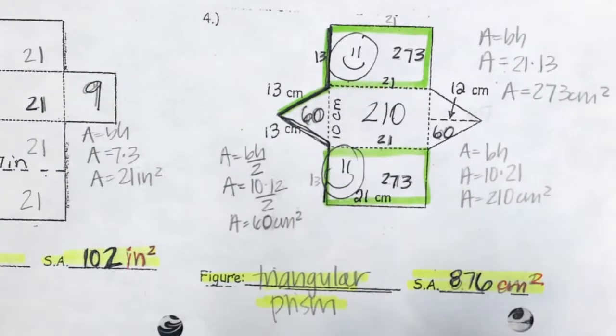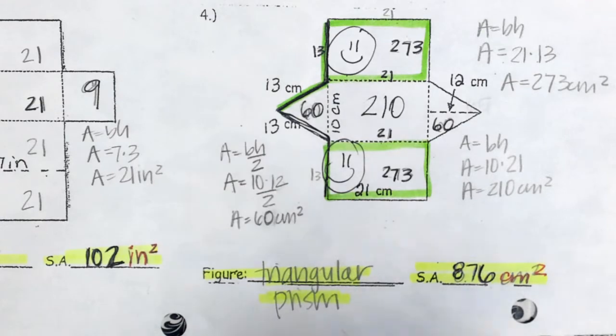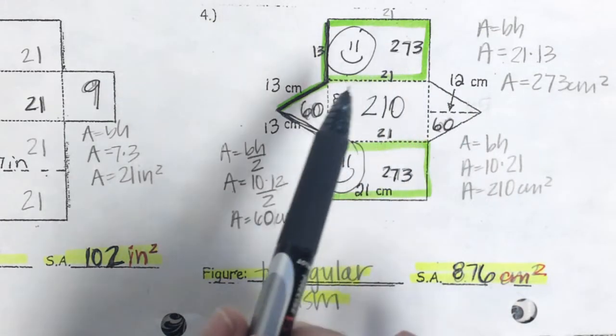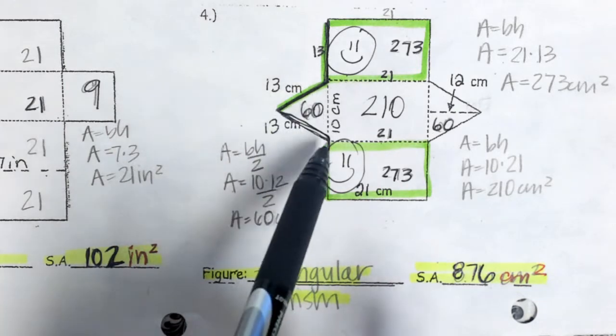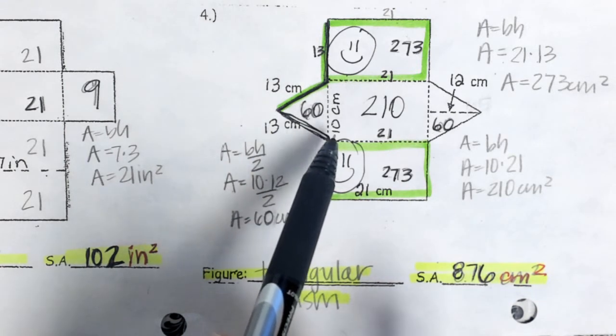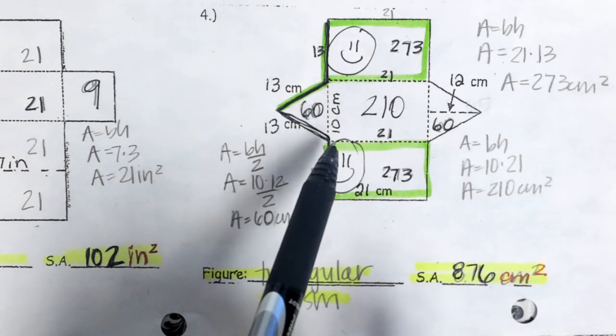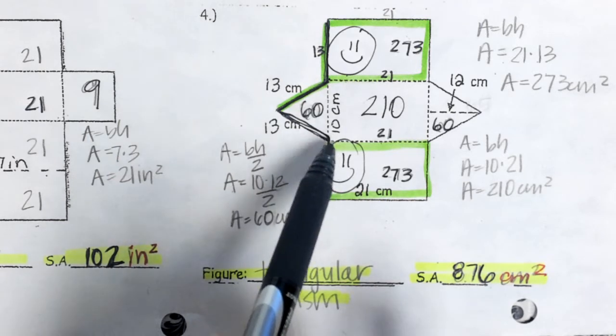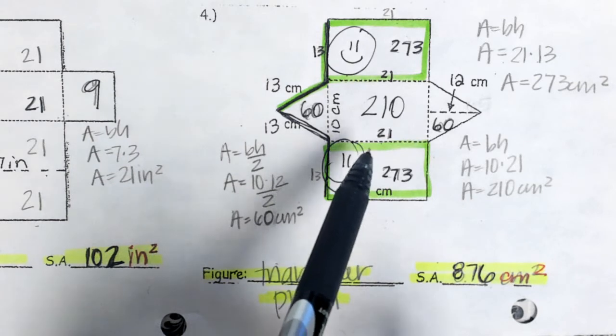All right, number 4. If you were going to miss one of these, I would have predicted number 4 would be it. And here is why. If you look at this triangle, it is not an equilateral triangle. Little extra information. What kind of triangle is it? It's an isosceles, because it has 2 equal sides.